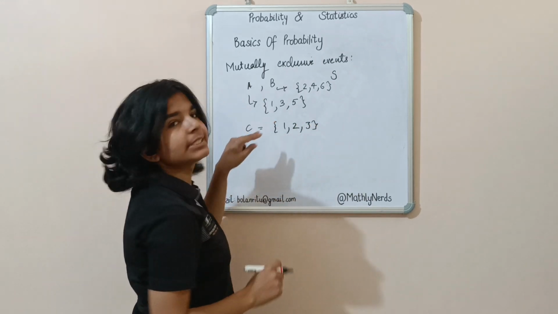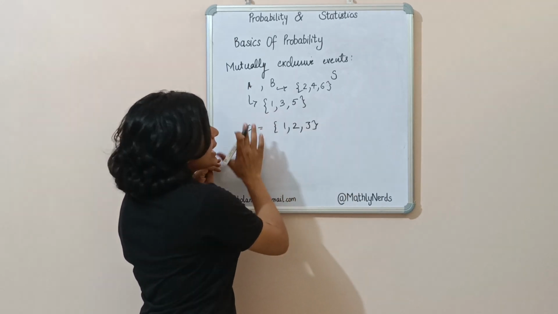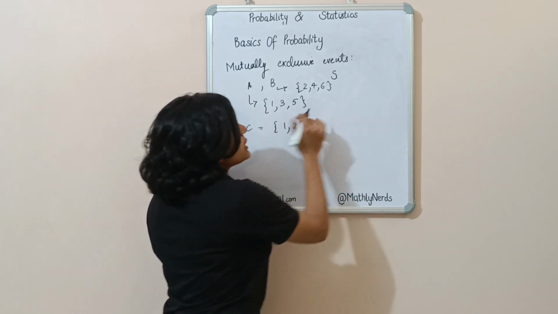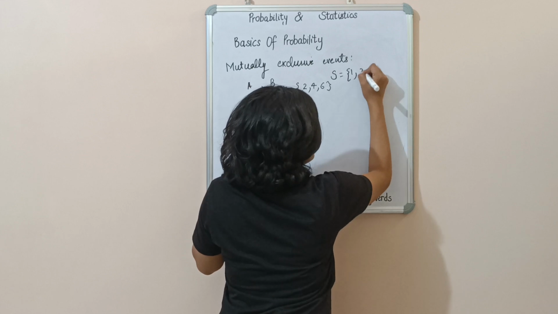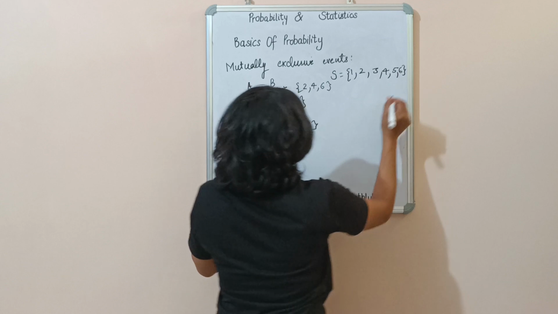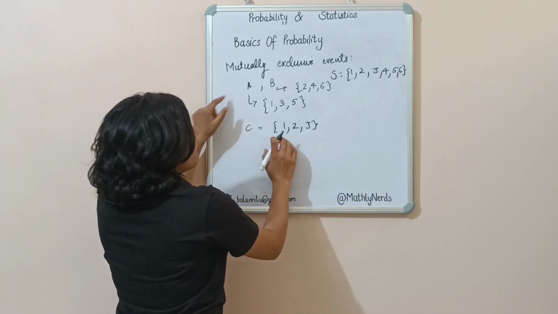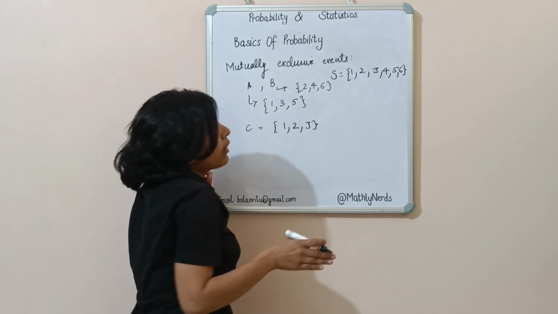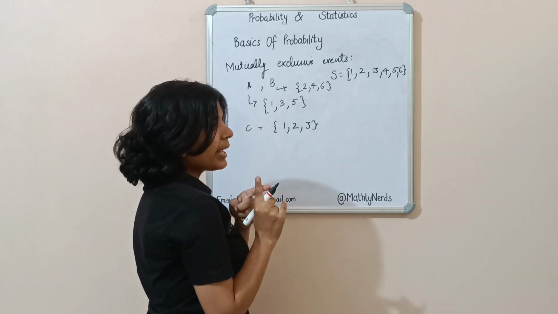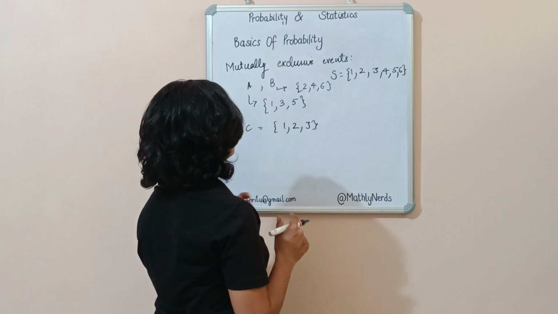Now if you see, we don't have any single outcome which is common in A and B. So A and B are mutually exclusive events which are taken from sample space 1, 2, 3, 4, 5, 6, which is for rolling a die. But in A and C, we have some common outcomes, so they are not mutually exclusive events. Mutually exclusive events are events in which a pair doesn't contain any single common favorable outcome.